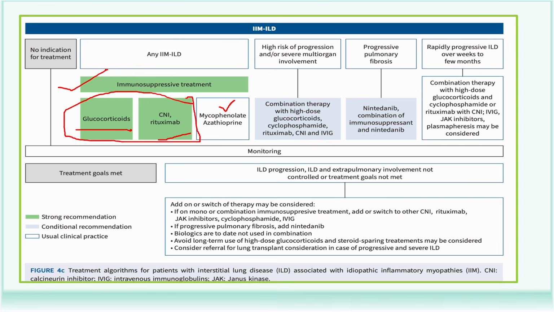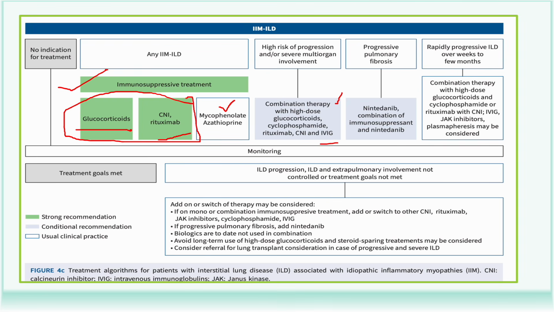We need to be very aggressive in managing. We need prompt induction as a priority to prevent a rapid irreversible loss of lung function. If there is high risk of progression, the combination with high dose steroids can be done. There's also some role of IVIG.